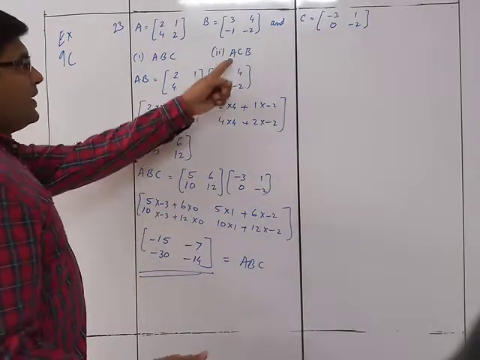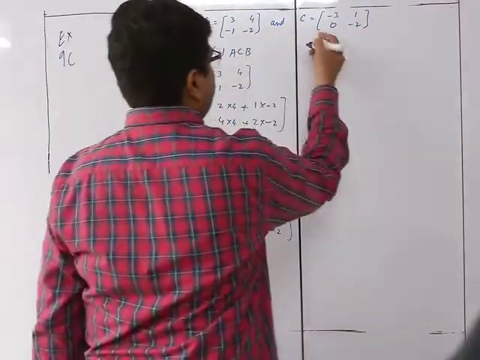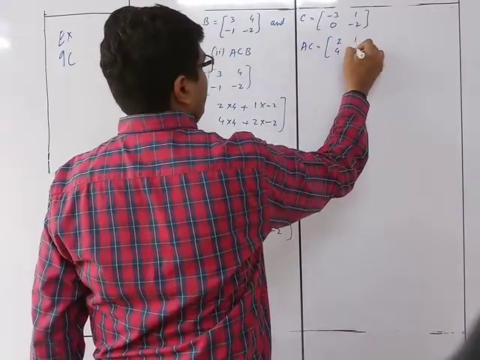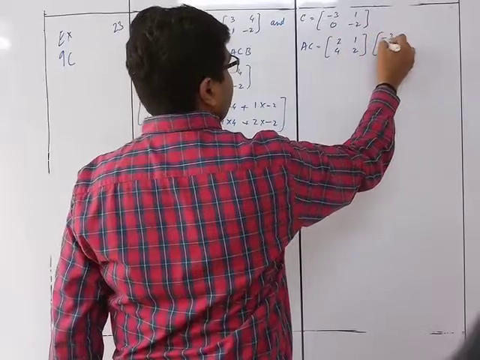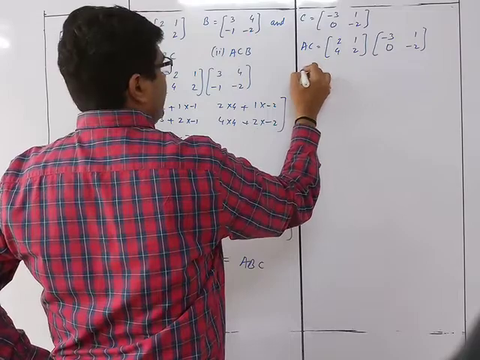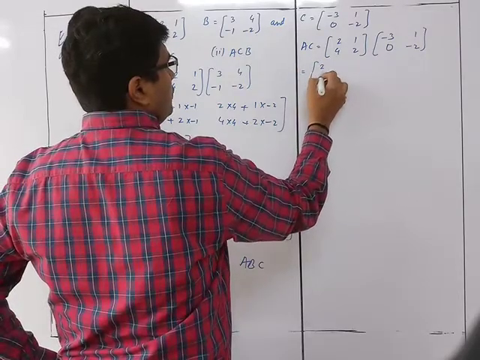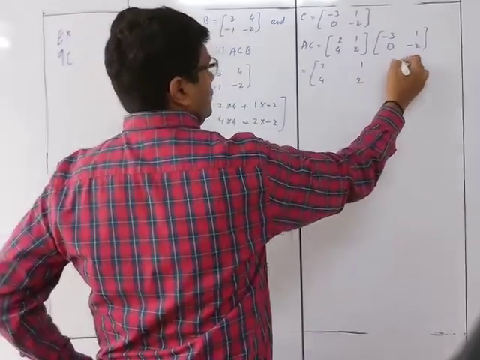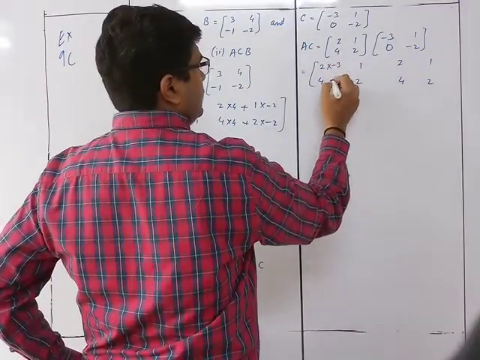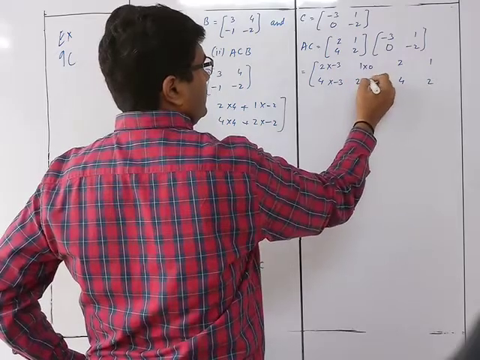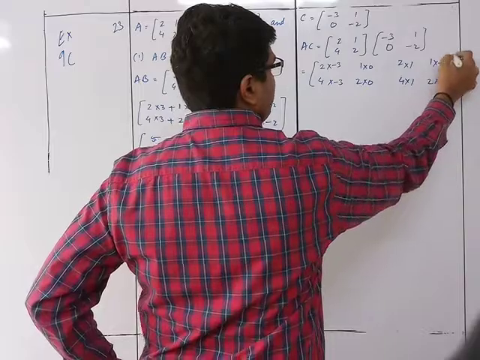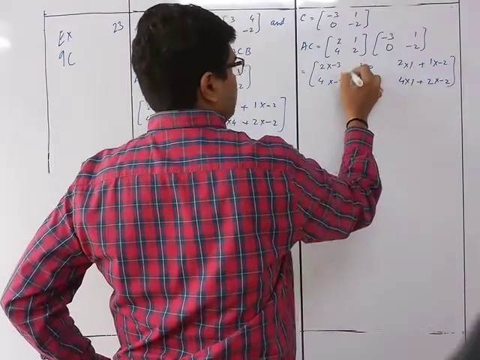Now let's take the second one, ACB. So first AC. AC is equal to [2, 4, 1, 2] into [minus 3, 0, 1, minus 2]. That gives me 2, 4, 1, 2, 2, 4, 1, 2 into minus 3, into 0, into 1, into minus 2, with plus signs.